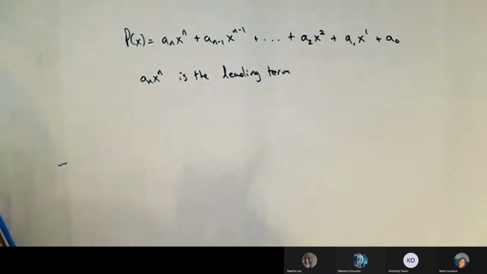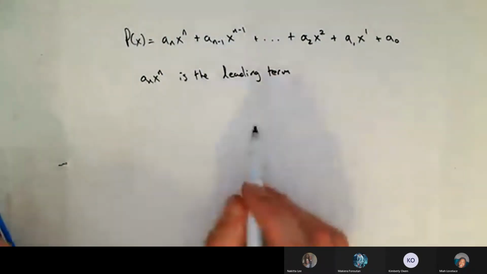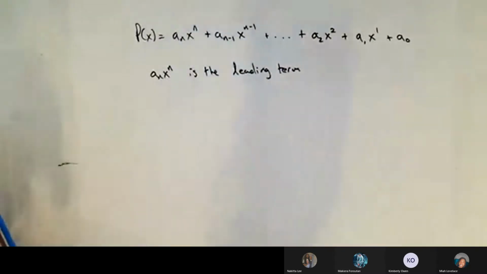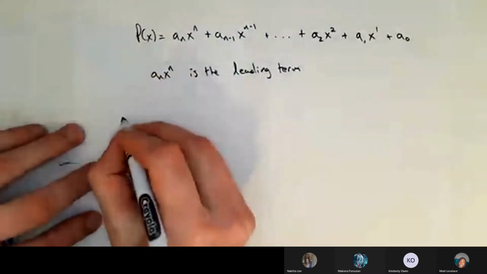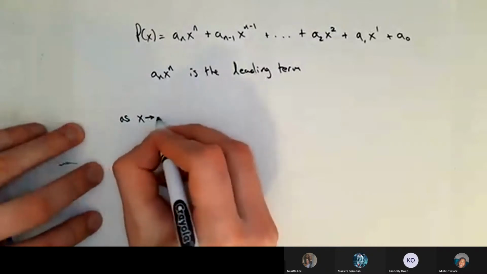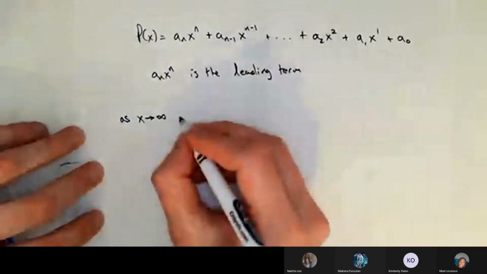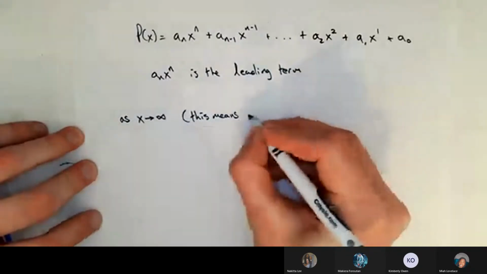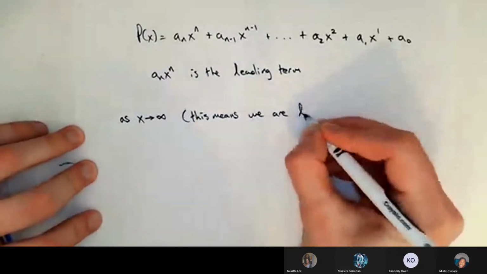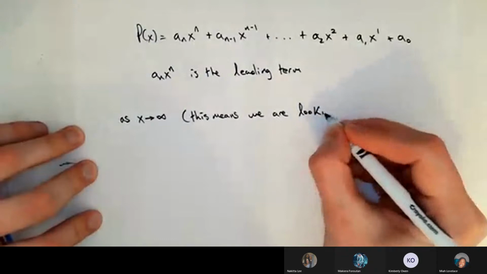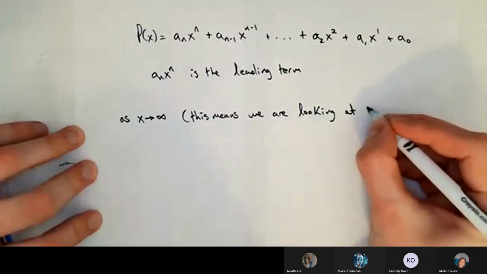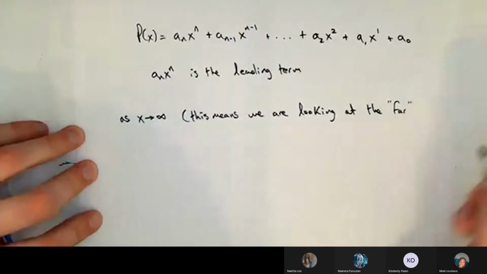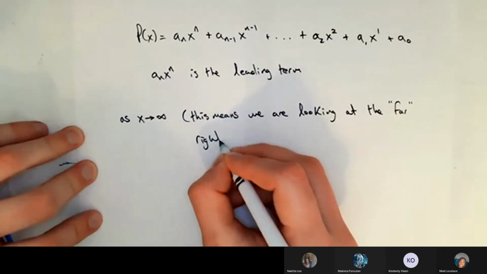So first, let me talk about that infinity notation. When I say as x tends to infinity, this means we are looking at the, quote, far right side of the graph.